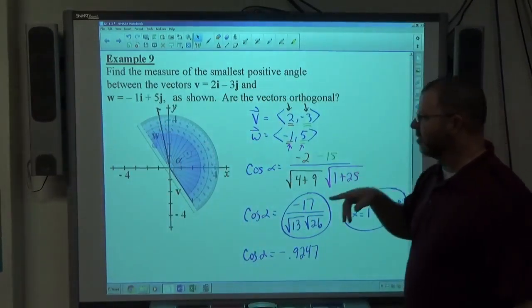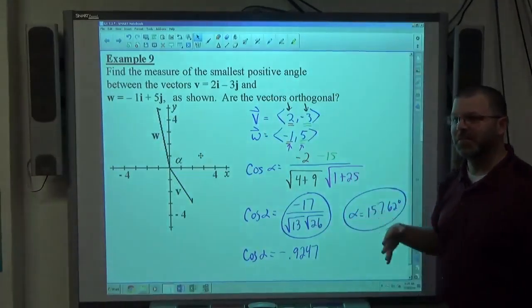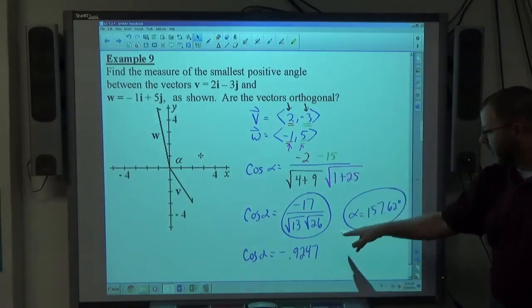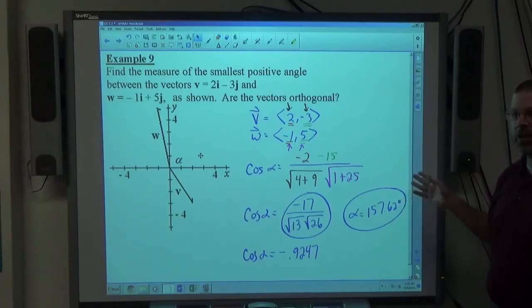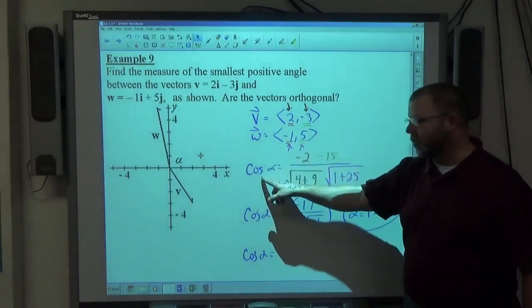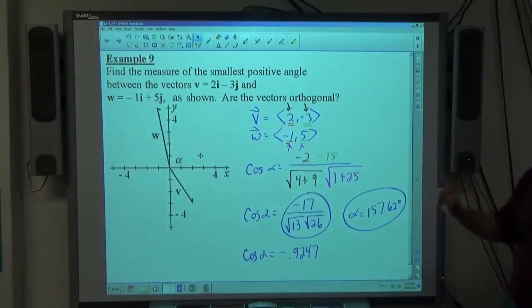So again, that just verifies that it works, but you don't have to measure it with a protractor. That would be another way of doing it. If you draw everything to scale, get a protractor, you can measure it. But this is actually much more accurate because it gets down to whatever decimal place you need. And again, that's how the formula works. So you have to inverse cosine whatever that is to get the answer. The angle is what we're looking for.